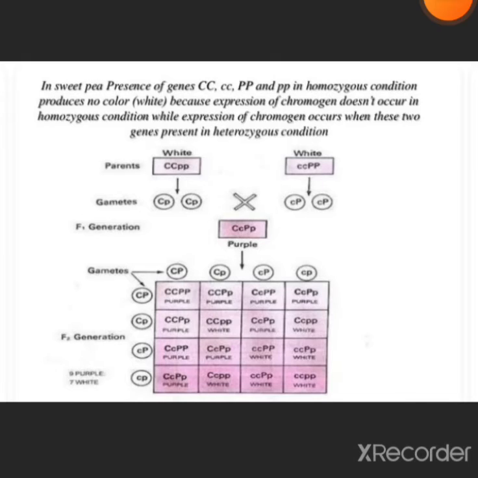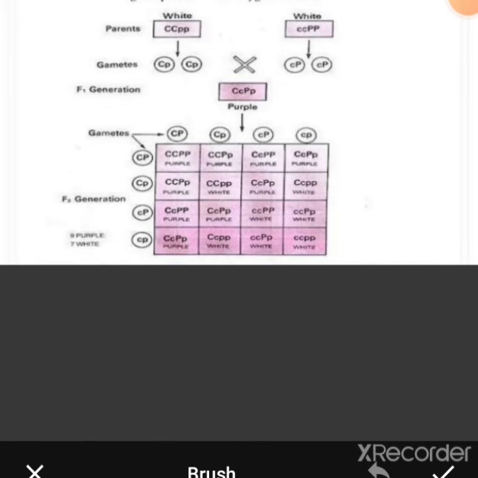So in sweet pea, presence of genes, that is capital C, small c, capital P, and small p in homozygous condition produces no color. That means it will give rise to the production of only white color, because expression does not occur in homozygous condition, while expression occurs when these two genes are present in the heterozygous condition.